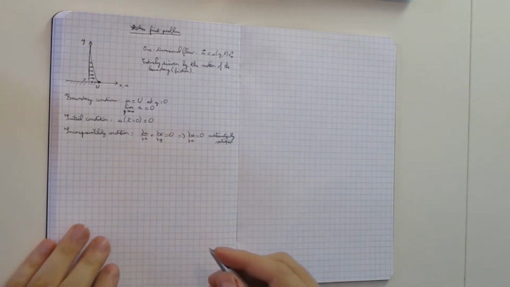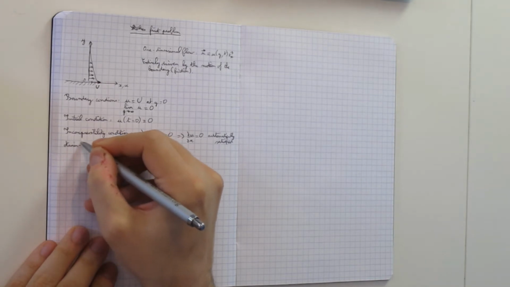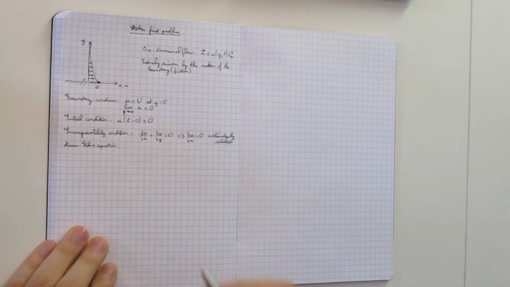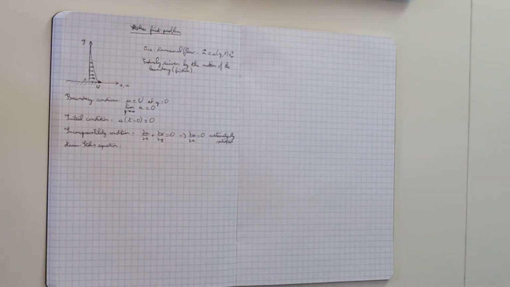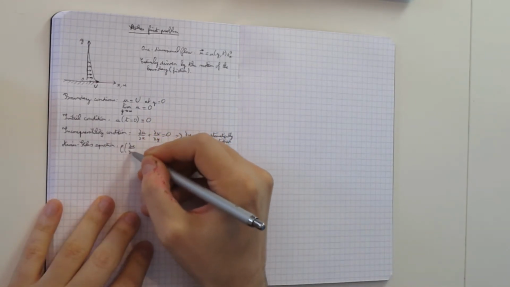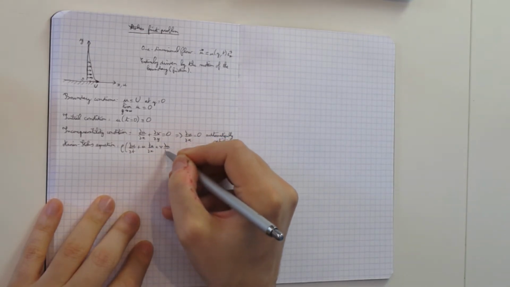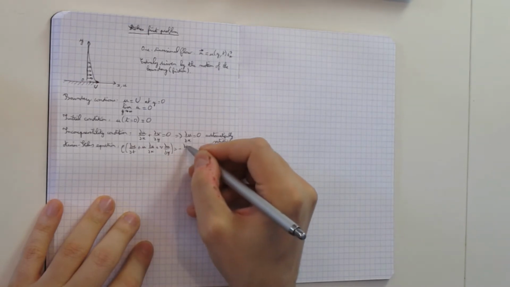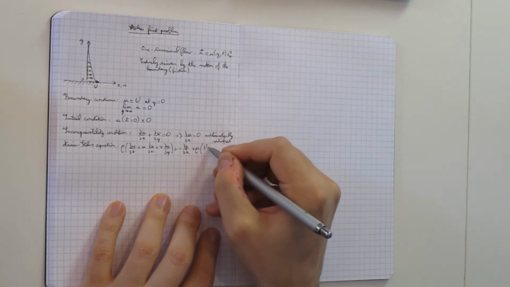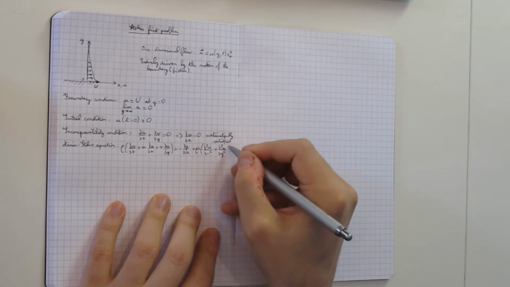Then the next equation that we need to solve in this context is the Navier-Stokes equation. I'll just write it down in two-dimensional form and in component form. That's going to be rho du by dt plus u du dx plus v du dy equals minus dp dx plus mu d2u by dx squared plus d2u by dy squared.